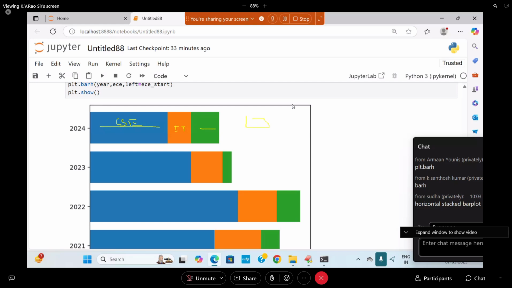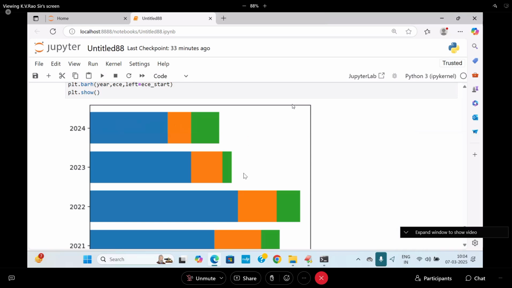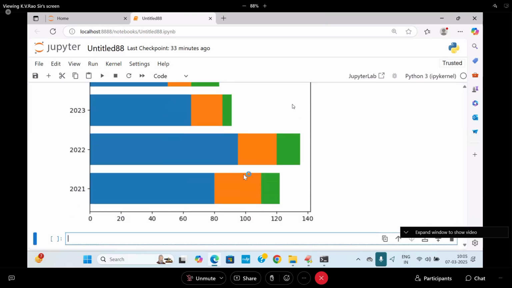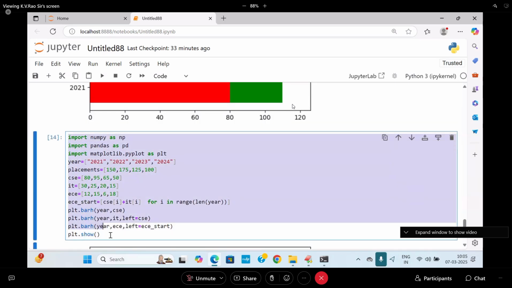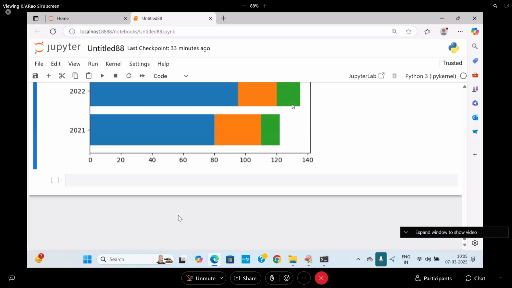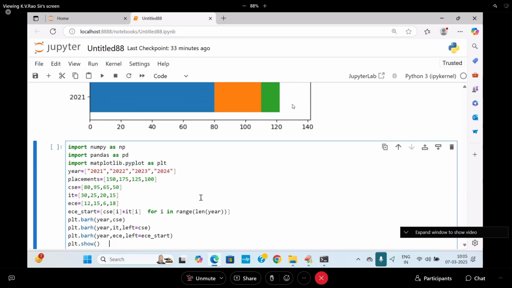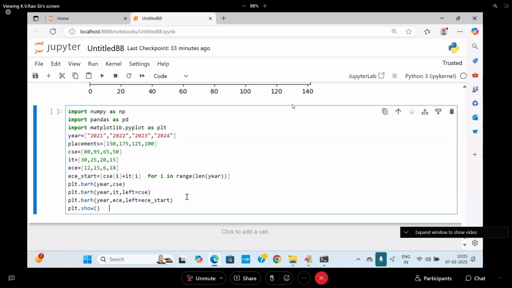Legend also I can describe. I can go to the legend part here. So how to add the legend to this? As I said, same wording here.